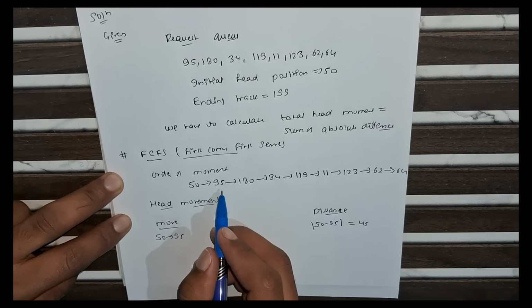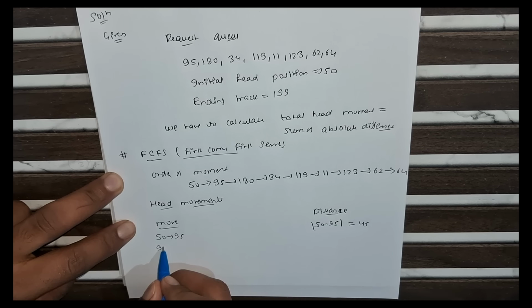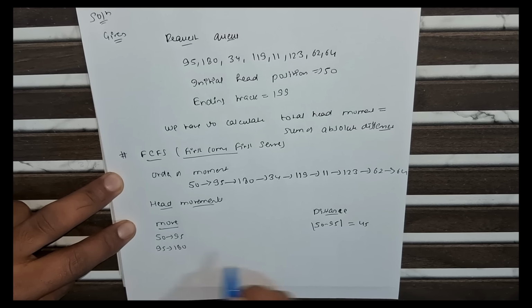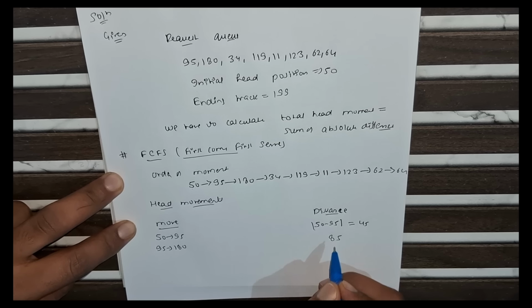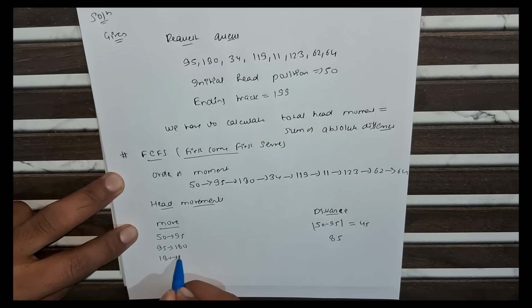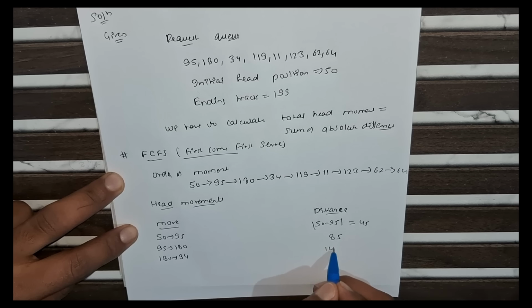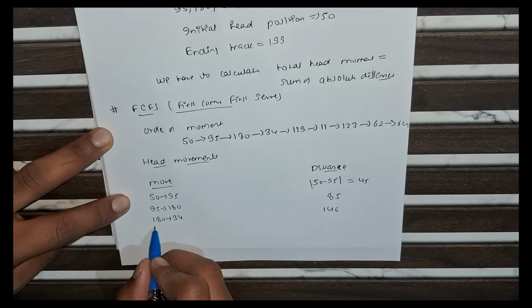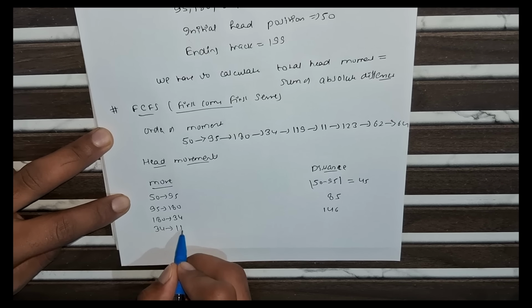Like that, from 95 to 180, which means 180 minus 95, which is equal to 85. Then 180 to 34, which is 146.